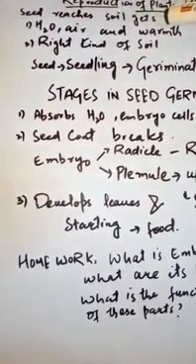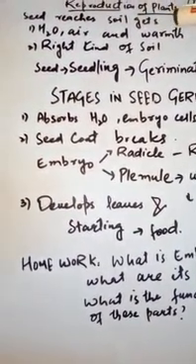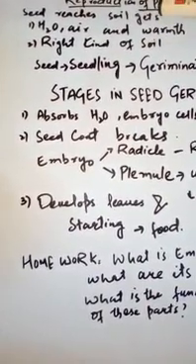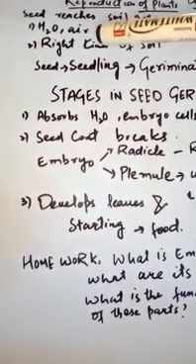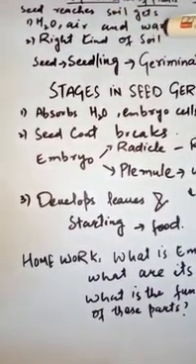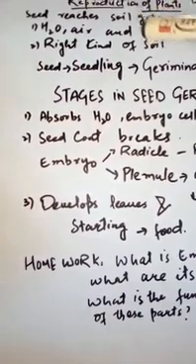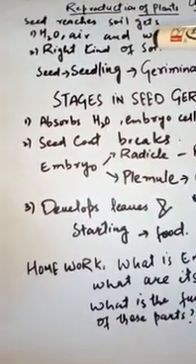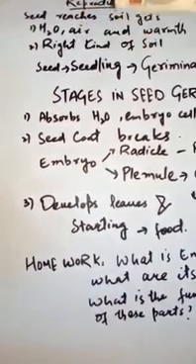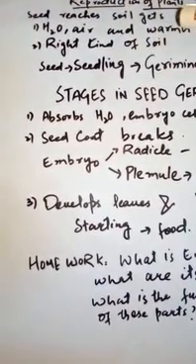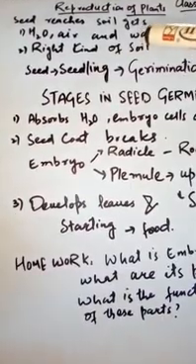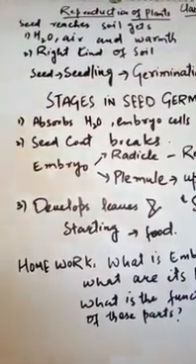at that time the seed must get these two conditions. The seed should get a sufficient amount of water, air and warmth, and it should also get the right kind of soil. If the seed gets sufficient water, air and warmth, and the right kind of soil, only then will the seed germinate in the soil.